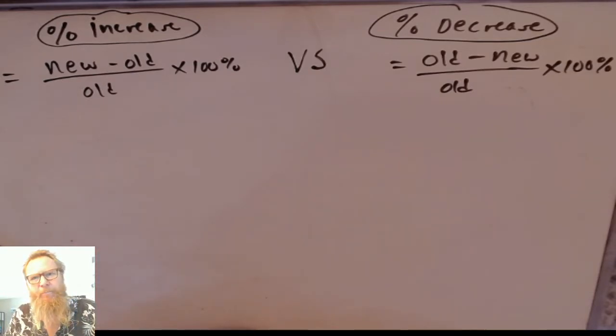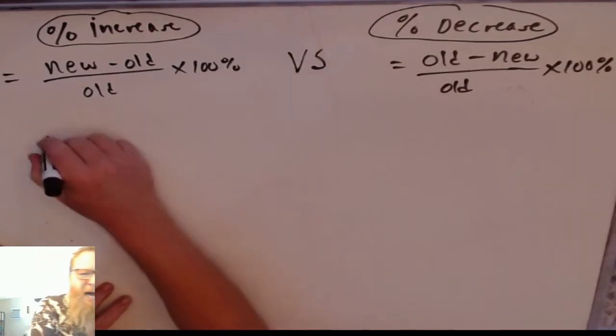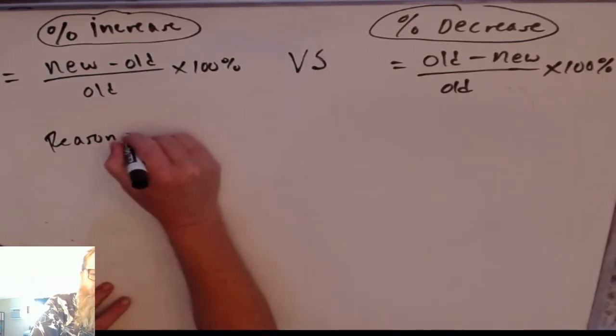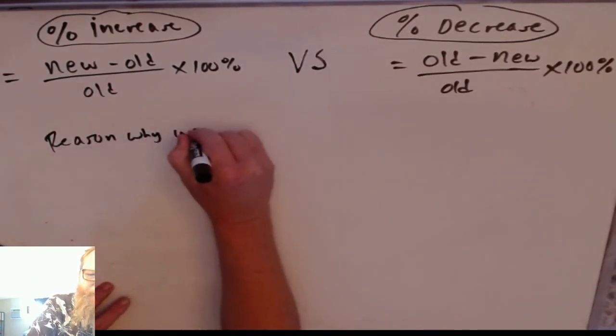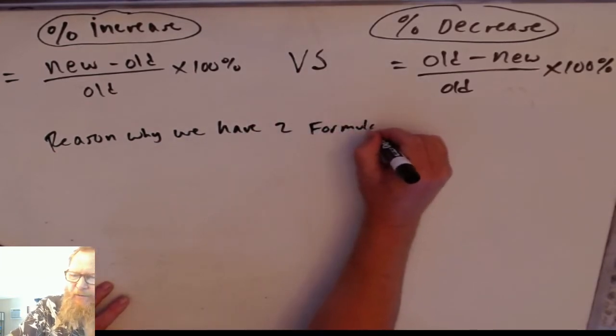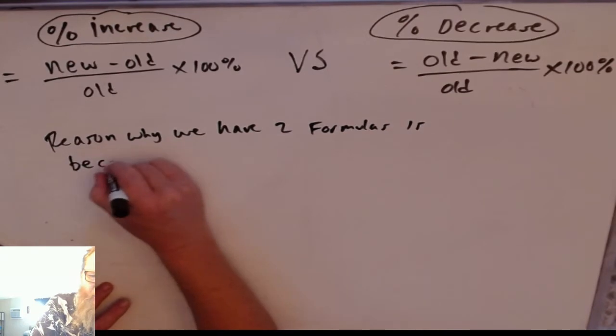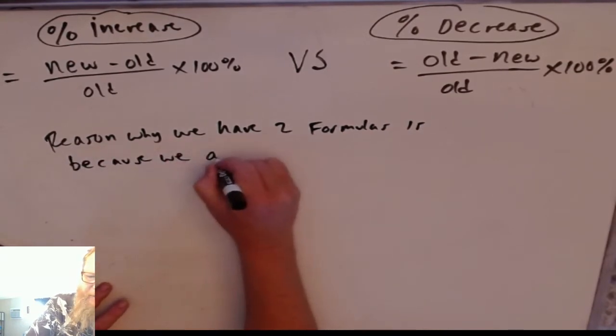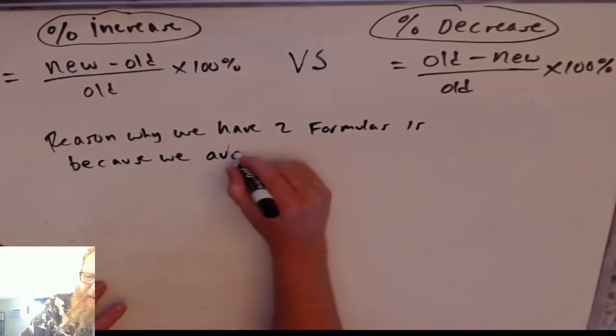Okay. So the reason why we have 2 formulas is because we want to avoid negative numbers.